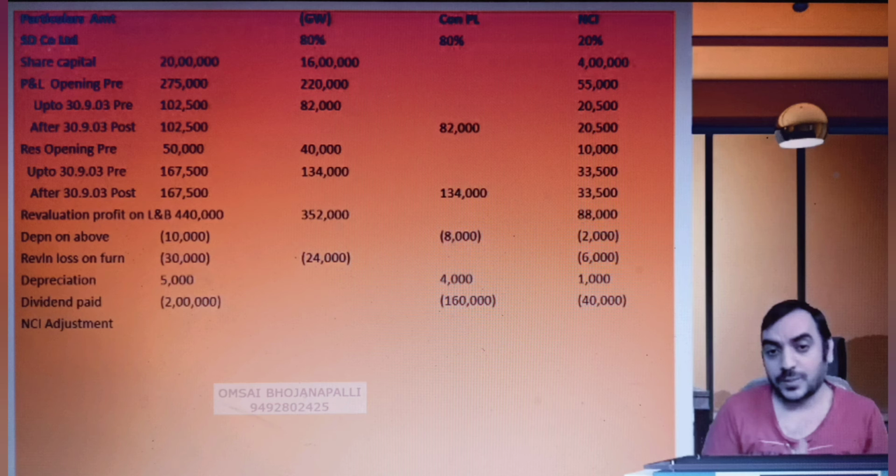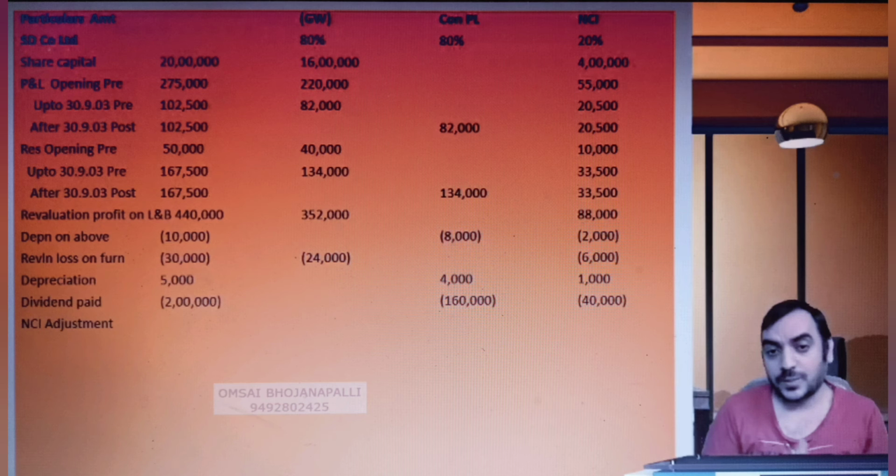That gives you proportionate amount. 5% below that. What could be the logic behind this? When you value controlling interest, you might pay more because you are getting the control. To get the control, you might pay some premium. Therefore, for non-controlling interest, it might be slightly lesser. That's what in this case 5% less is logical.